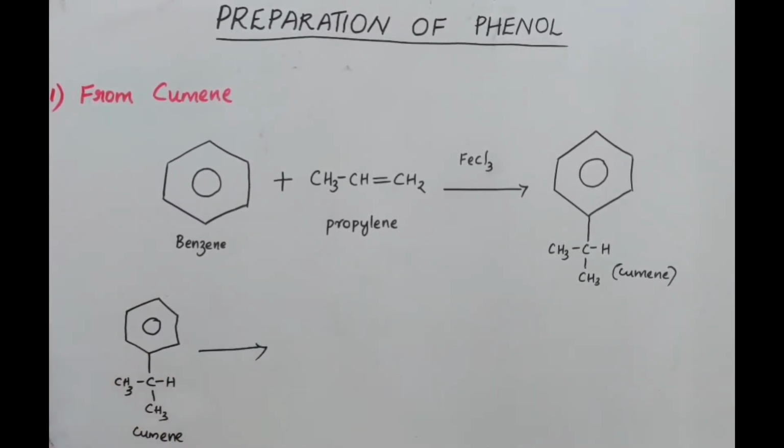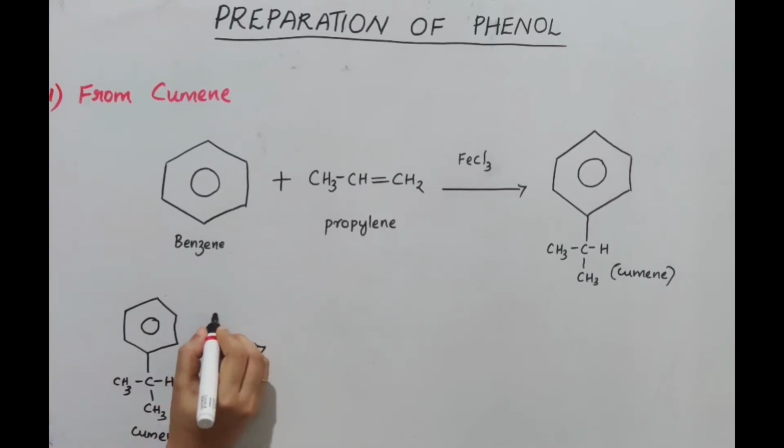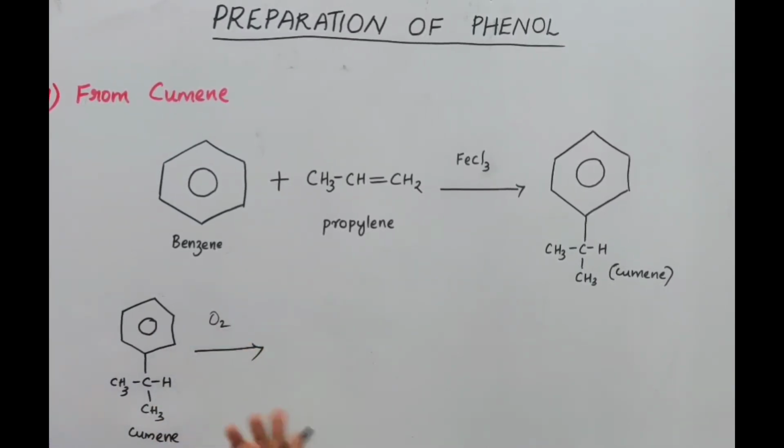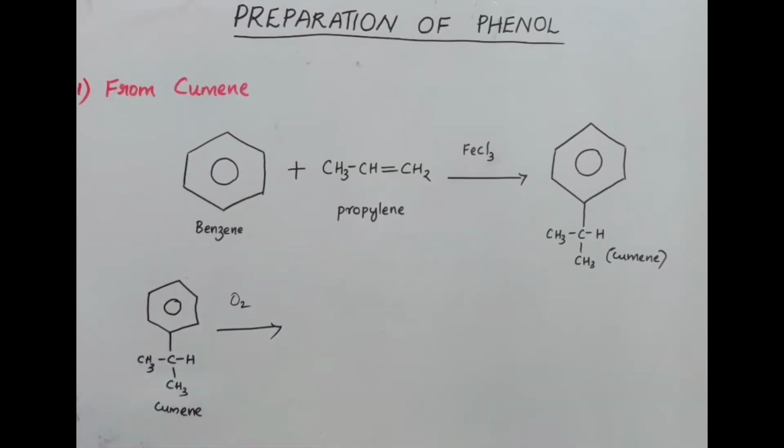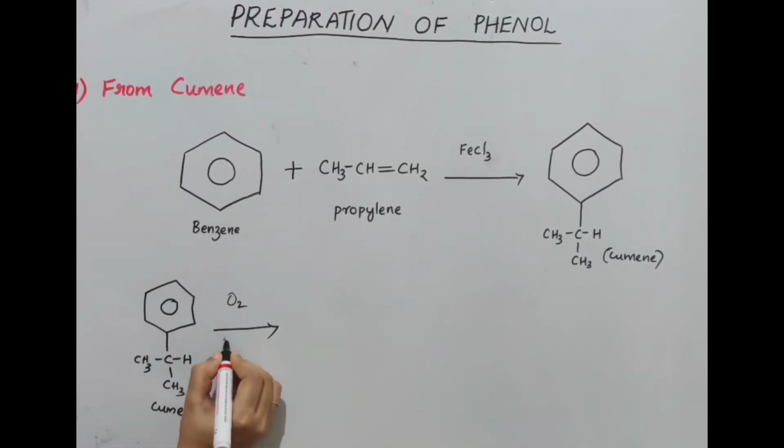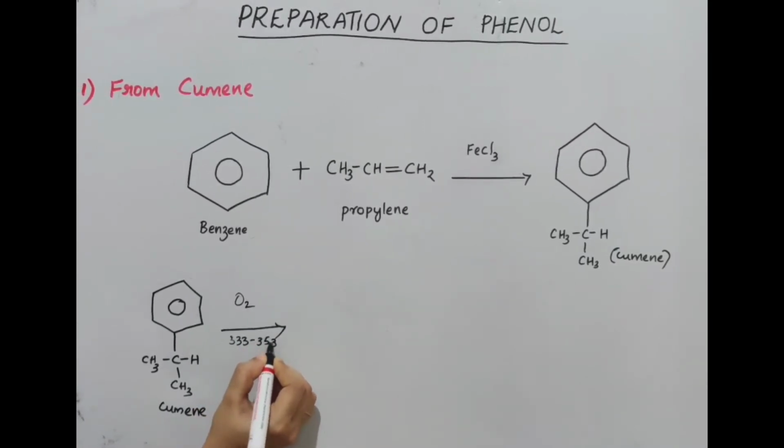What we are doing is oxidizing. Cumene is readily oxidized by air to form cumene hydroperoxide, at a temperature of 333 to 353 Kelvin.